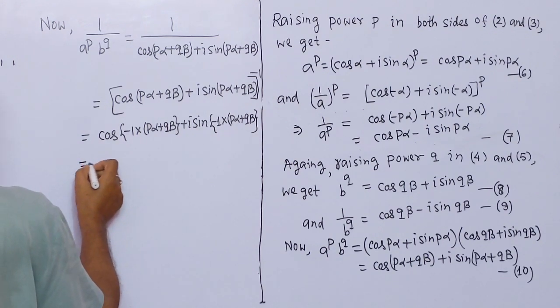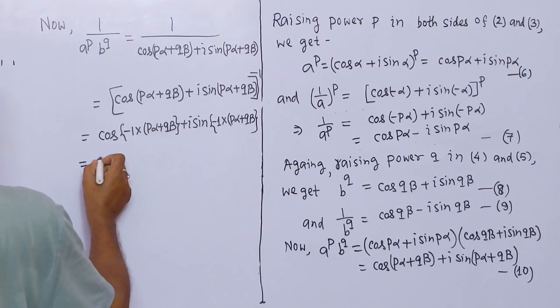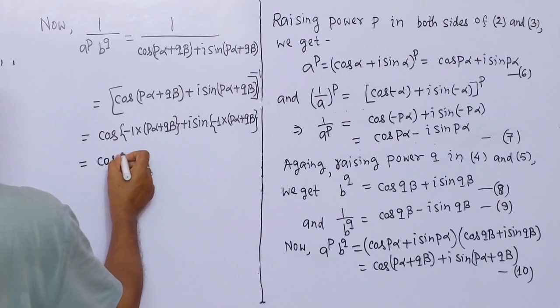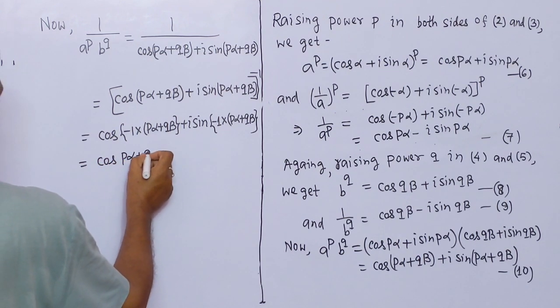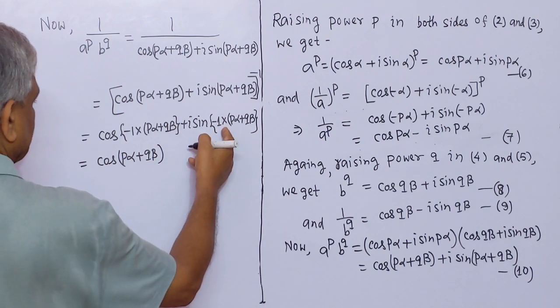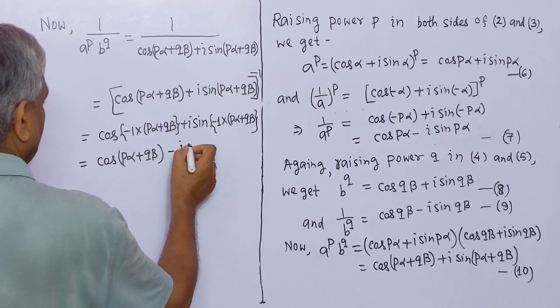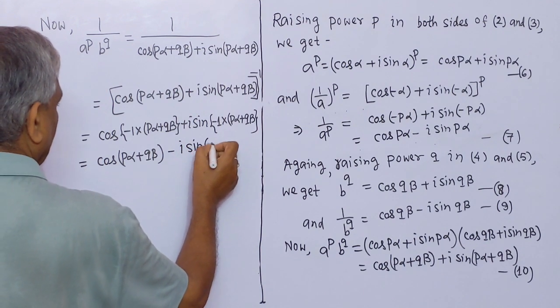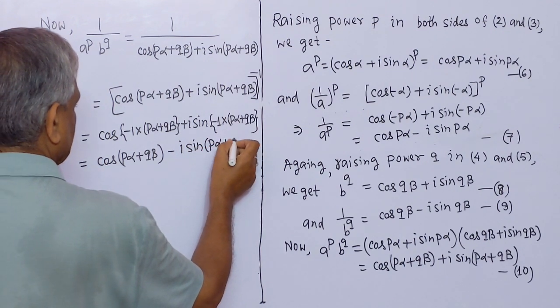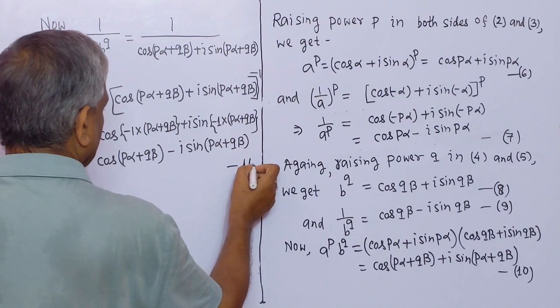Since cos minus theta equals cos theta and sin minus theta equals minus sin theta, this is cos(p alpha plus q beta) minus i sin(p alpha plus q beta). This is number 11.